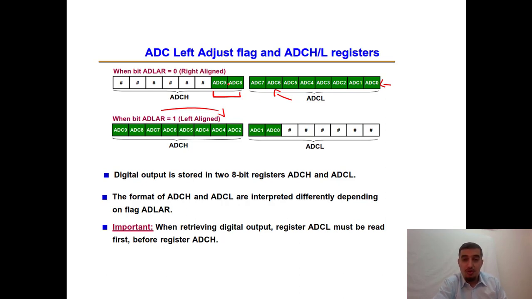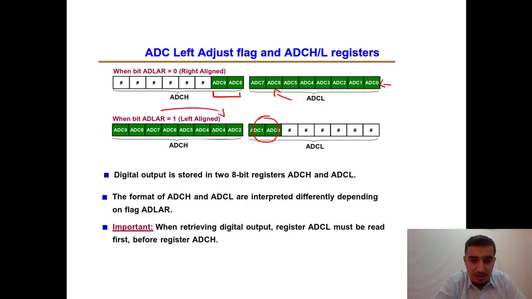Usually we use this mode when we want all the bits to be incorporated. Now if I only want the 8 most significant bits and I don't want these two, I can simply choose left adjustment and use them. Now remember, these two are the two least significant bits. They are not that important. Okay, so usually we can choose the higher, and that will be fine.